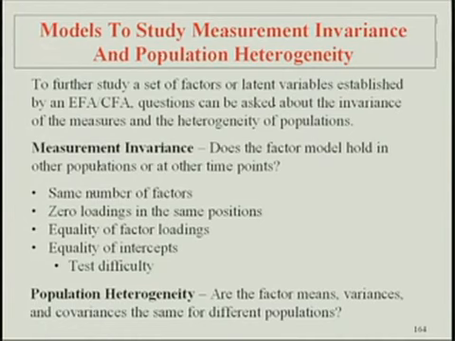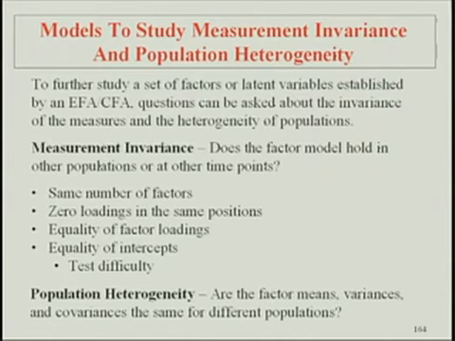So we make a distinction between measurement matters, which has to do with the items, how the items function, and population heterogeneity, which has to do with how the people vary in these different populations or different time points. And it's good to keep that separate, to know which parameters represent what, and how to go about studying those two features without confounding them.